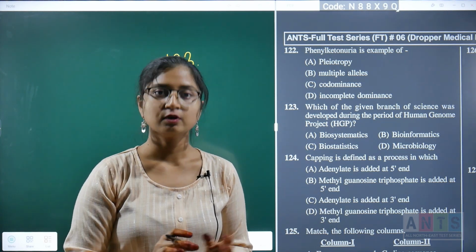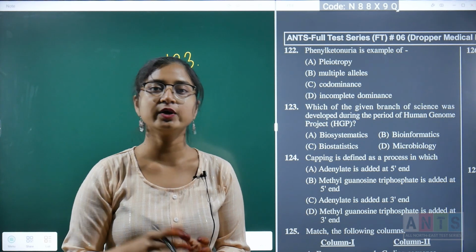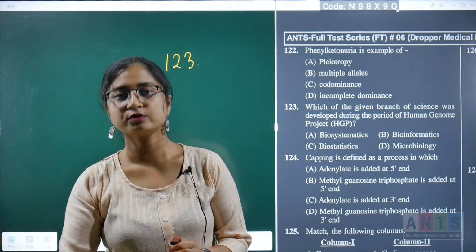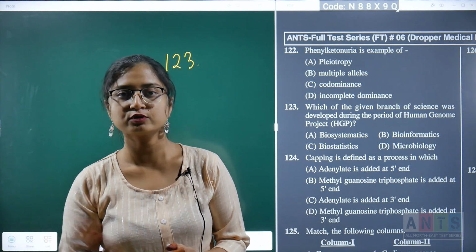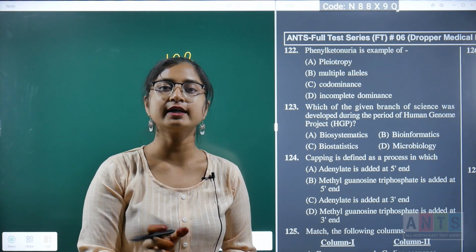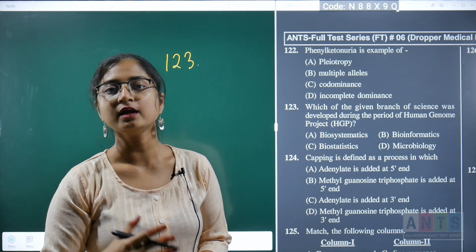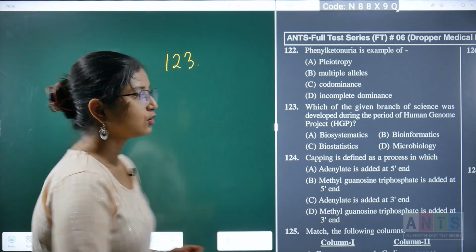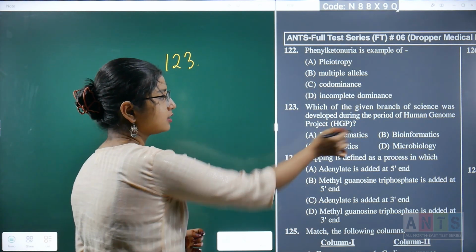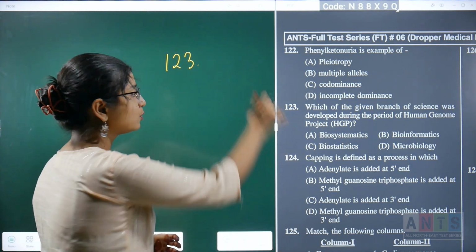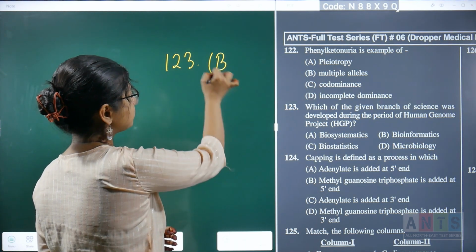So it seems for a biological system, we are now requiring new computer developments, new computer softwares. So the branch of science that was developed as a reason of this was called bioinformatics. So question number 123, the correct answer is bioinformatics, which is option B.